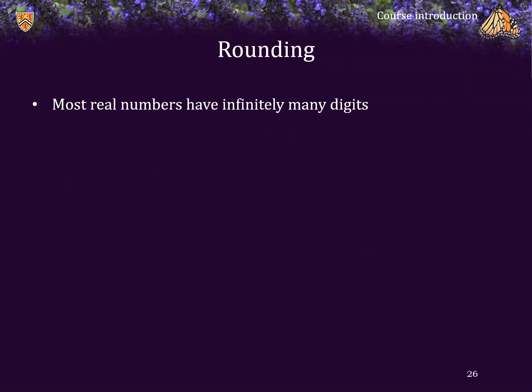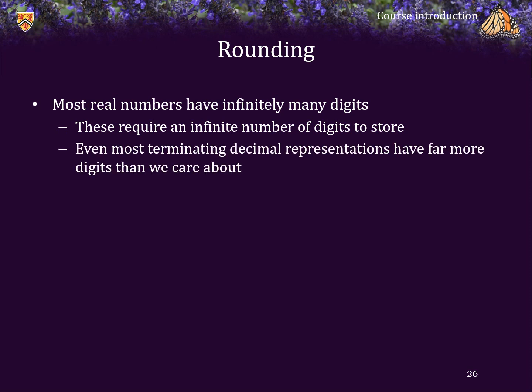Now, most real numbers have infinitely many digits when written in either decimal or binary representations. This, of course, would theoretically require an infinite number of digits to store, but we don't have that much memory, and we never will. Not only that, even the real numbers that have terminating representations have far more digits than we care about.